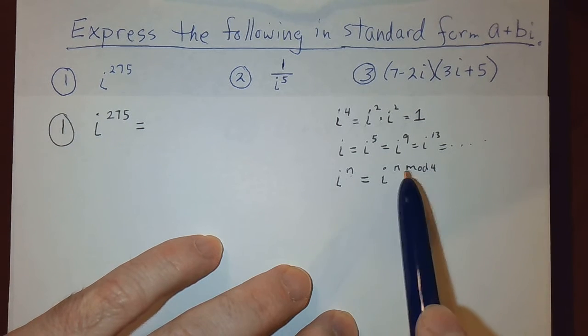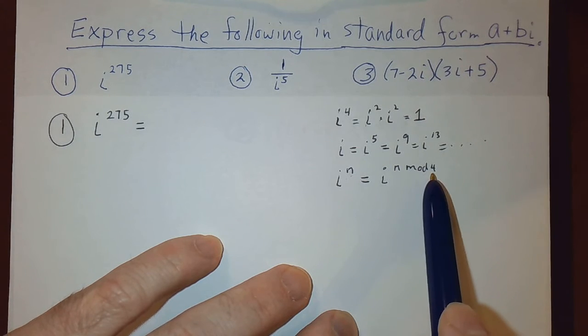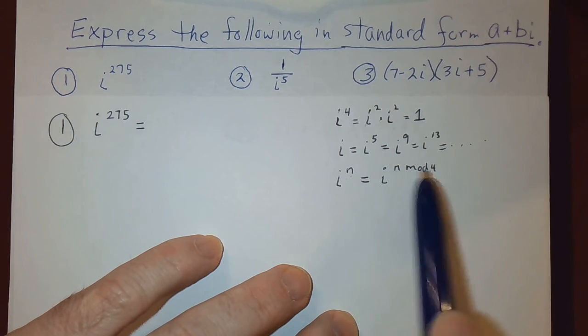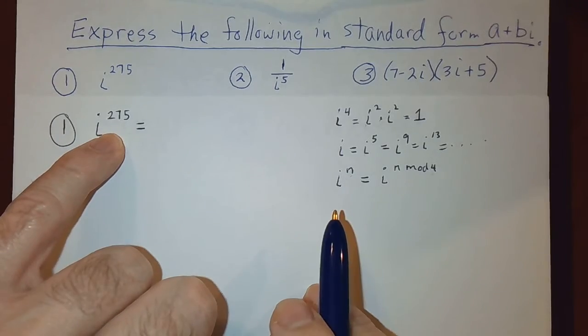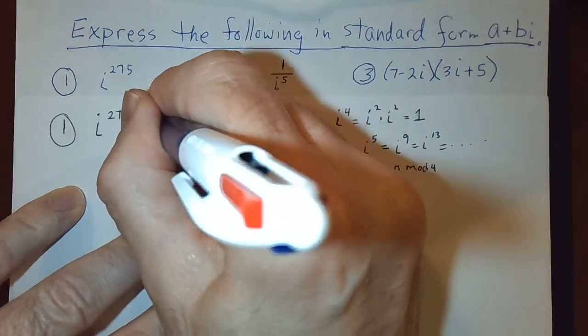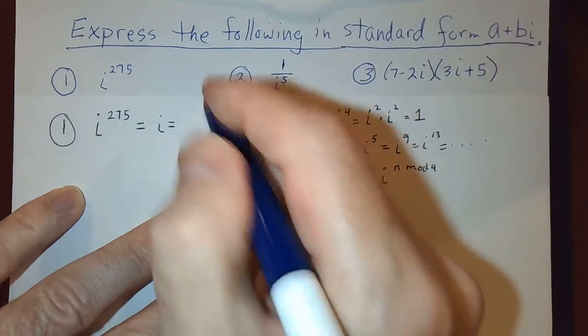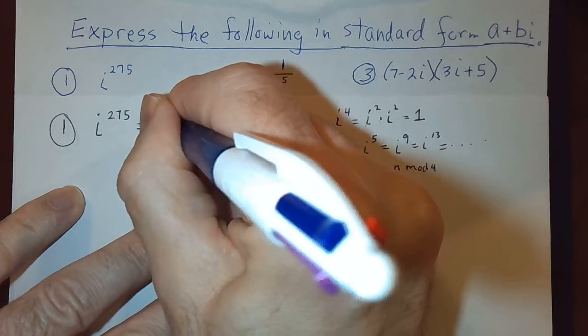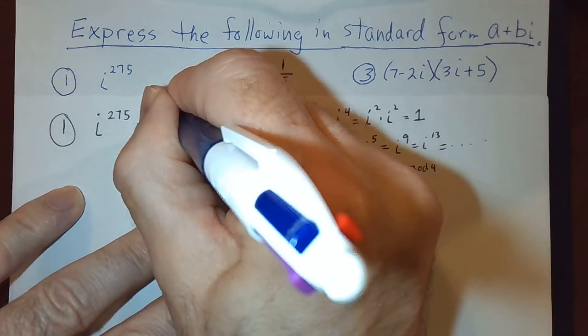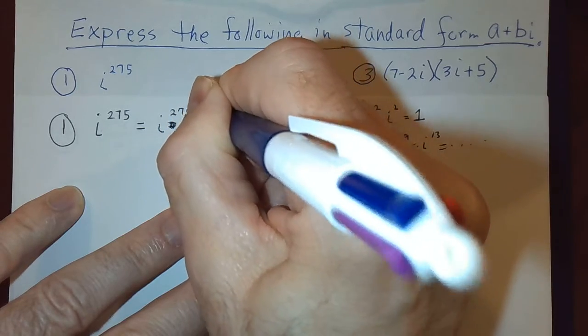Remember what mod is, you divide n by 4, and you'll get a remainder which will be either 0, 1, 2, or 3. So for us, the n is 275. And that means that i to the 275th is equal to i to the 275 mod 4.